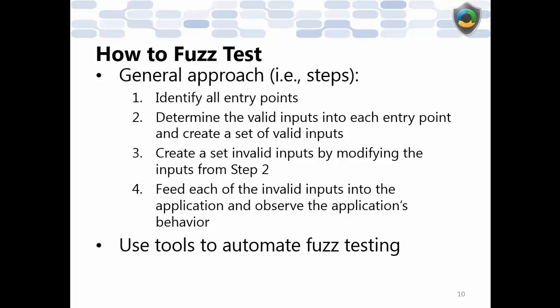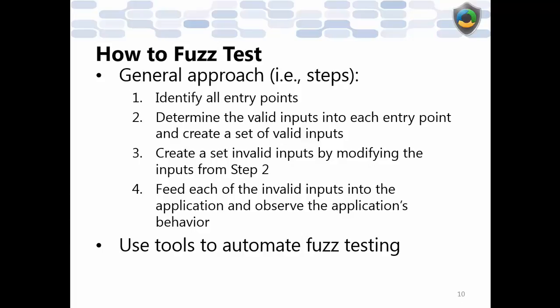So how do you fuzz test? As you can see here, we've got the general approach. The first thing you want to do is identify all of the entry points into the application. Secondly, you want to determine the valid inputs that each application entry point is expecting and create a set of valid inputs.